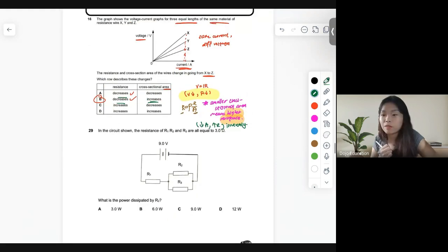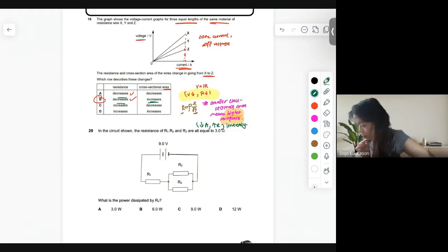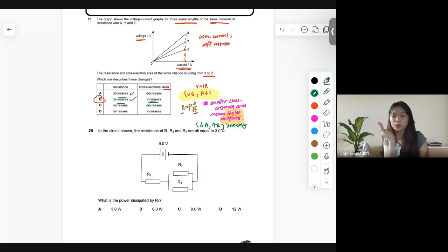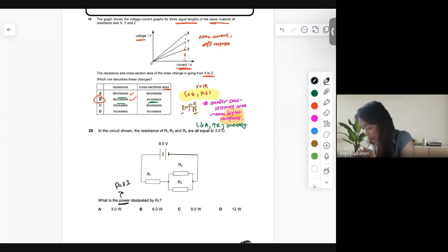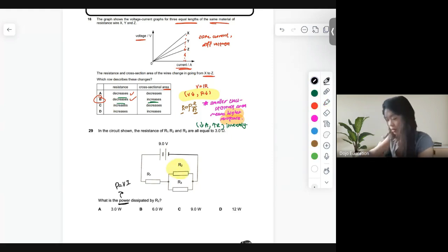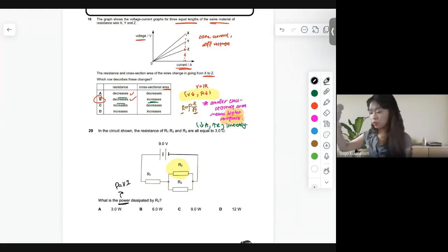For question 29, what is the power dissipated by R2? Now we see the word power. The word power suggests what formula we should use. There is one formula that we saw just now, which is P equals V times I. I only want R2 in this case, so let me highlight R2 first. In order to find my power, I need to have my voltage and my current. What information do I have here?